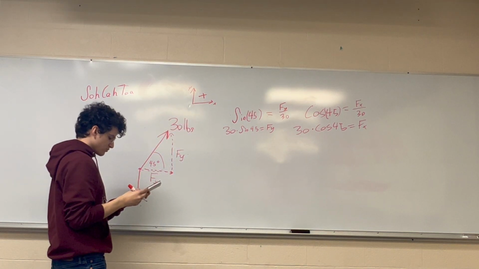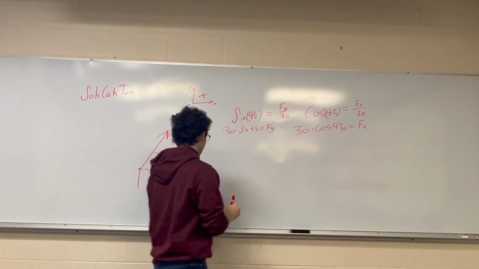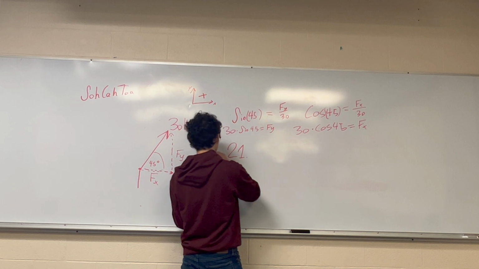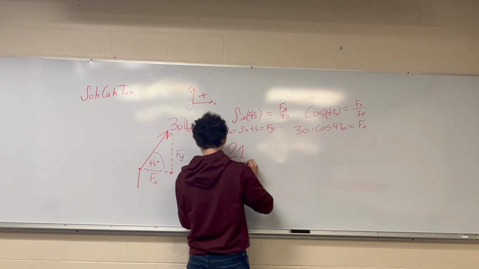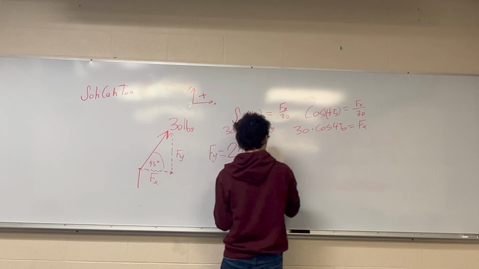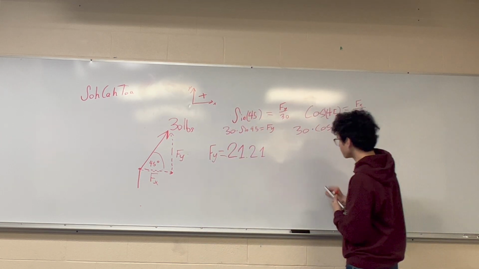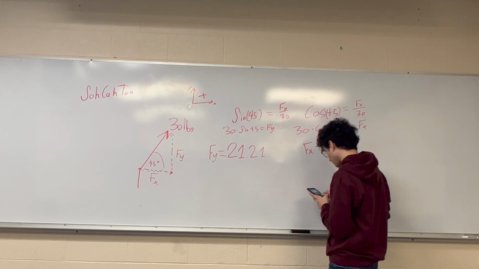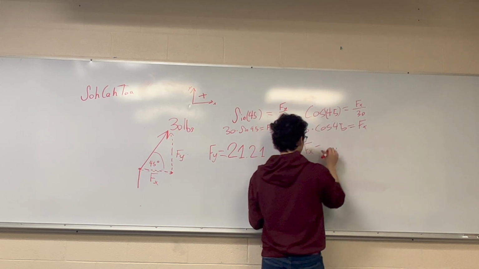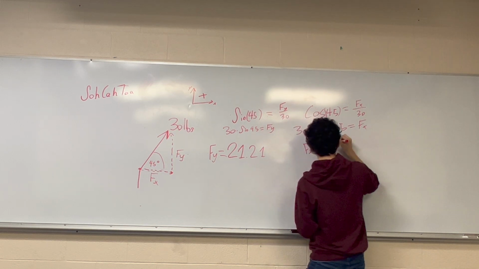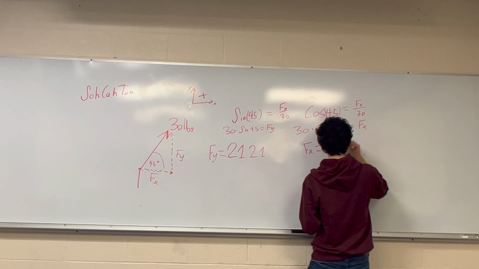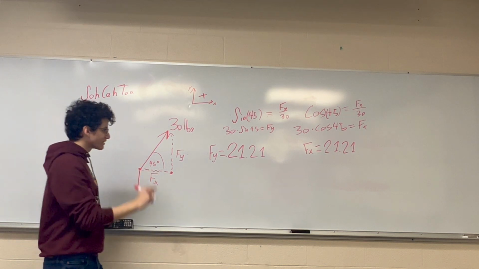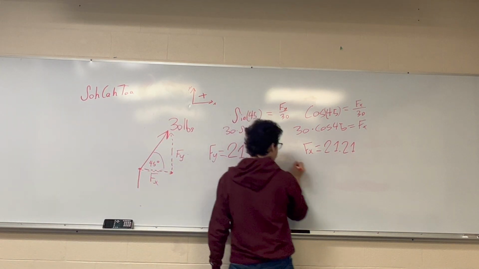As you'll soon figure out, or maybe as you know if you know trig pretty well, we get this force Fy to be 21.21, and we get Fx also equal to the same. I will double check. It is the exact same number. Oh, sorry, important thing: units. Don't forget your units.